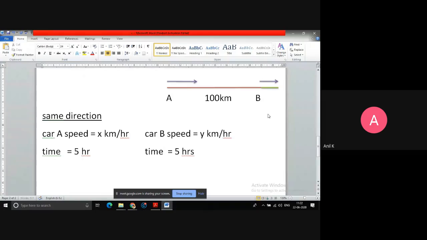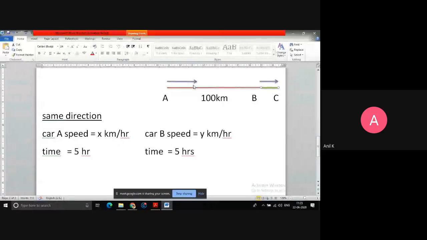Let me take their point of intersection as C. They are meeting at point C. Now, can you tell me whose speed is more? Car A or car B? A has to move with more speed, right? Speed of A must be greater than the speed of B.